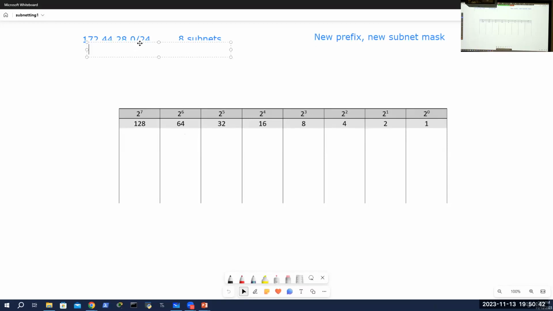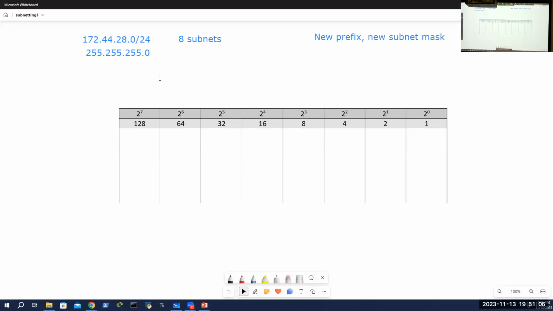So just so everyone's clear, the original subnet mask is what? 255.255. Okay. So again, that's a class B, but it doesn't matter because I'm telling you that that's your original prefix.